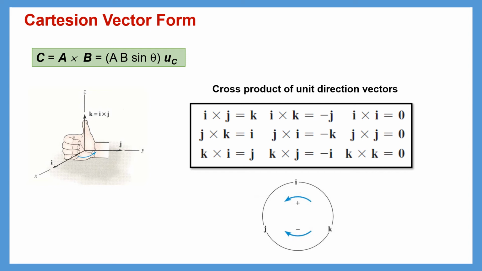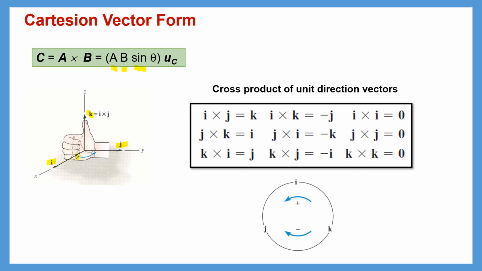In x direction i, in y direction j, and in z direction k. i cross j means that the magnitude of i, which is 1, the magnitude of j, which is 1, and the angle between i and j.